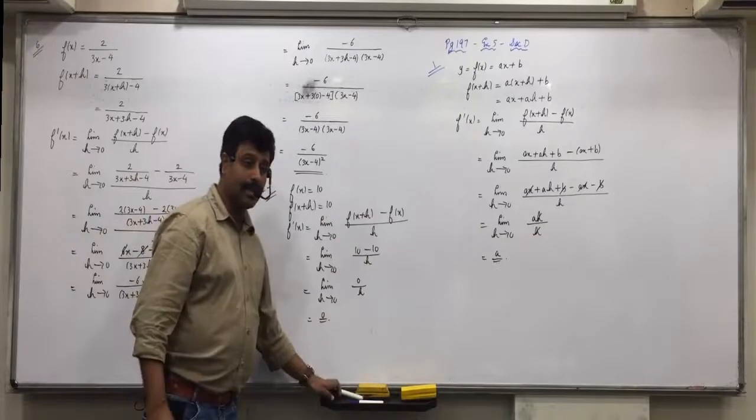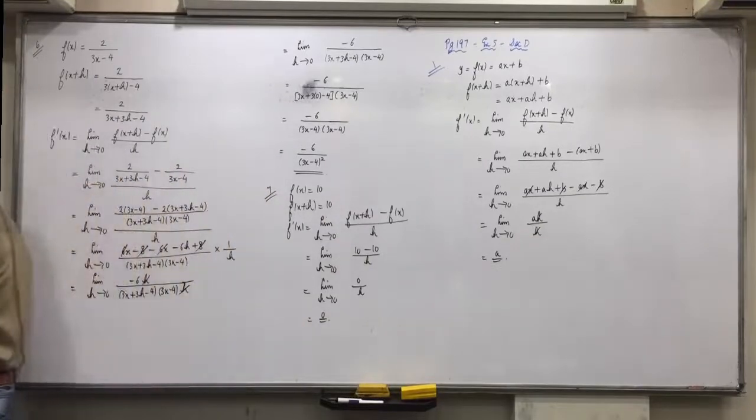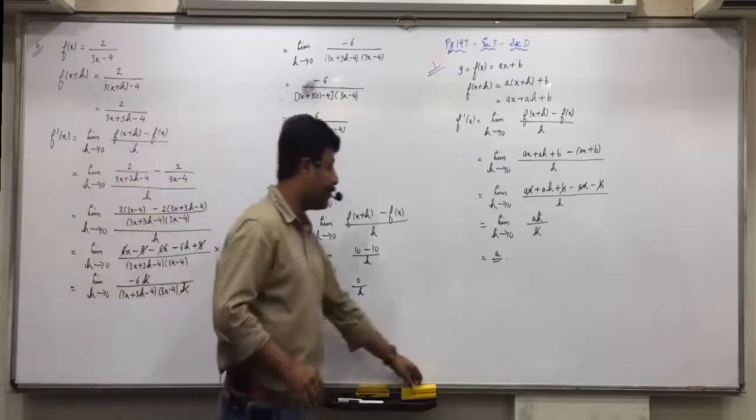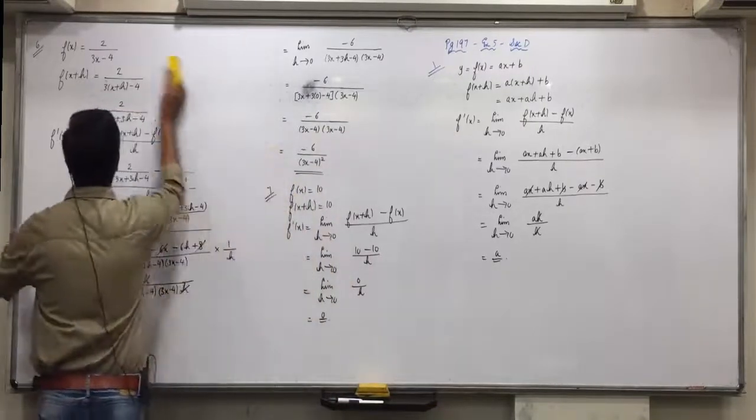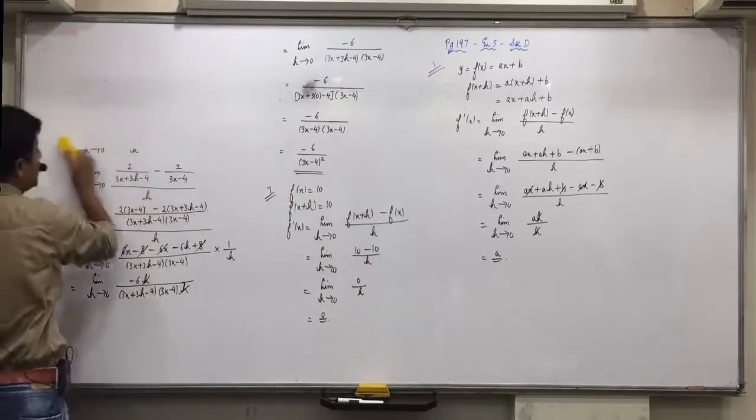Did everyone understand this? Second and third, take it as homework, they are very simple ones. And illustration 1 to illustration 6 is your homework. Illustration 1 to illustration 6.